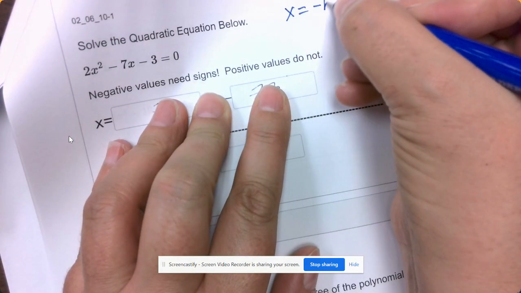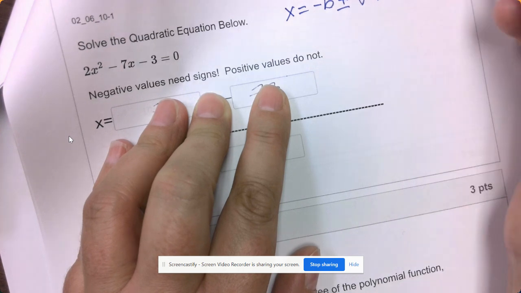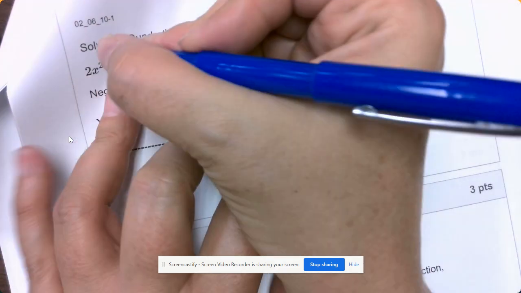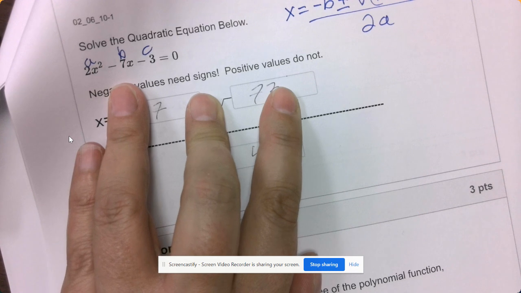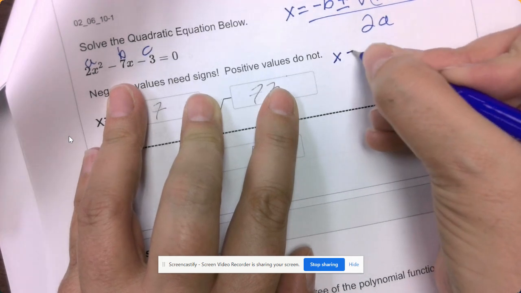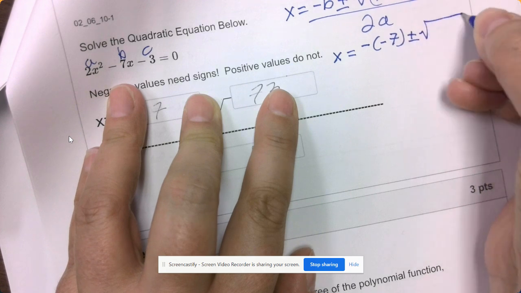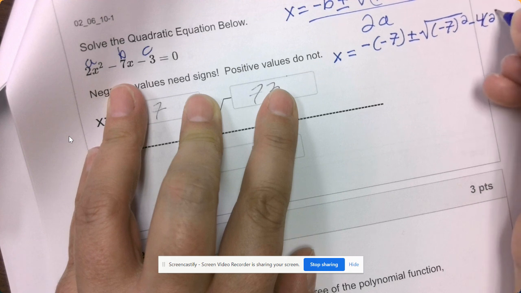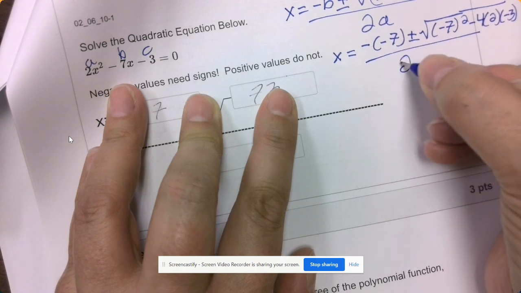So x equals minus b plus or minus square root of b squared minus 4ac all over 2a. Okay, so this is going to be a, b, and c. So it's going to be -7 plus or minus -7 squared minus 4 times 2 times -3 all over 2 times 2.